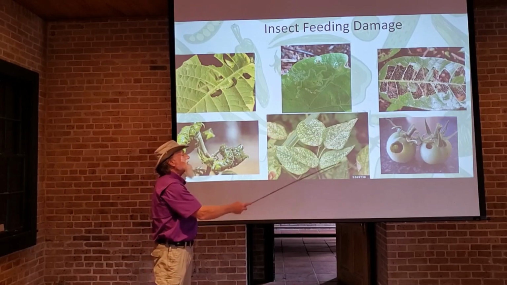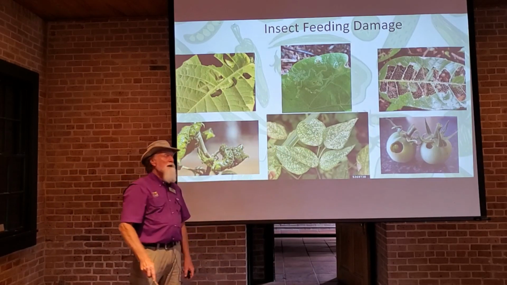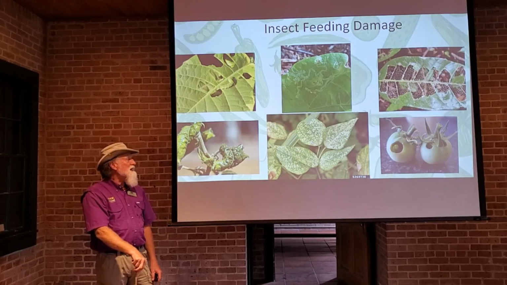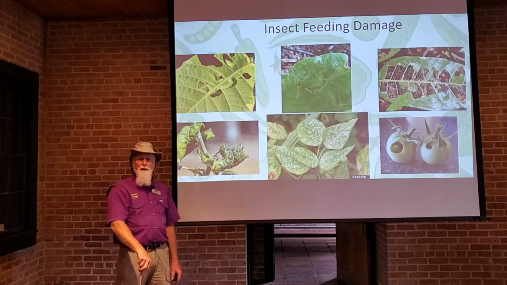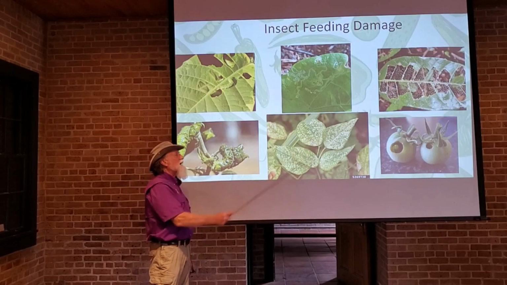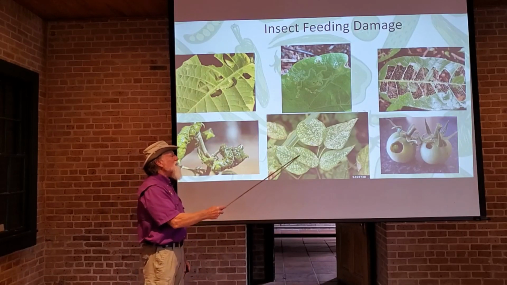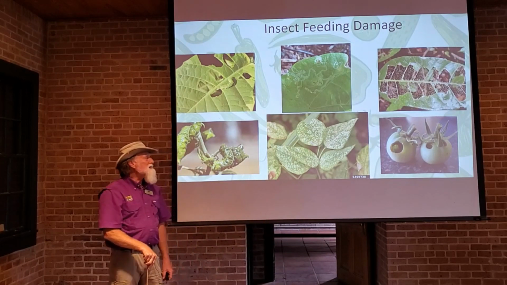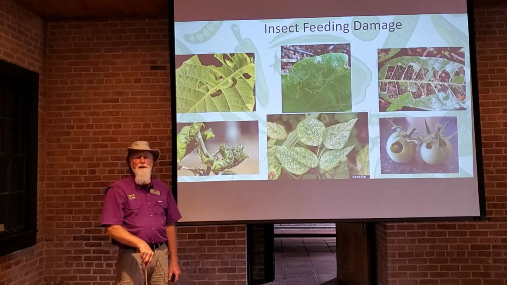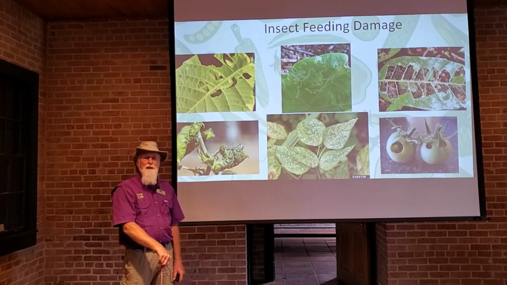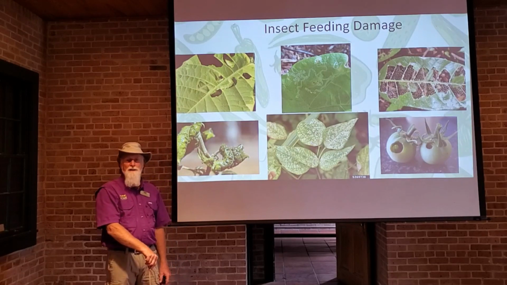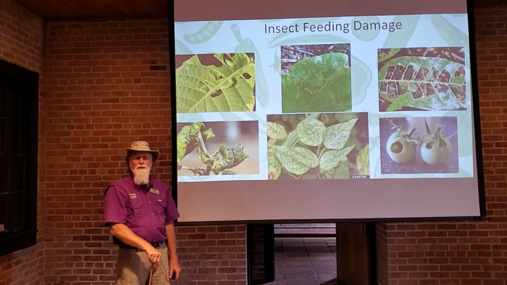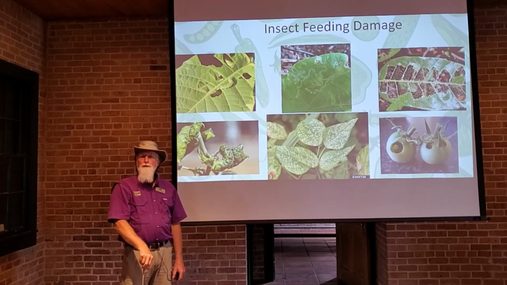This damage is often caused by insects with piercing, sucking mouth parts, such as mites. Those aren't insects, but they have piercing, sucking mouth parts. And this is called stippling, because what's actually happening is the insect is feeding on the underside of the leaf. And every time it sticks its proboscis or mouth part into the leaf to feed, it kills a few cells. We're just seeing a few dead cells.